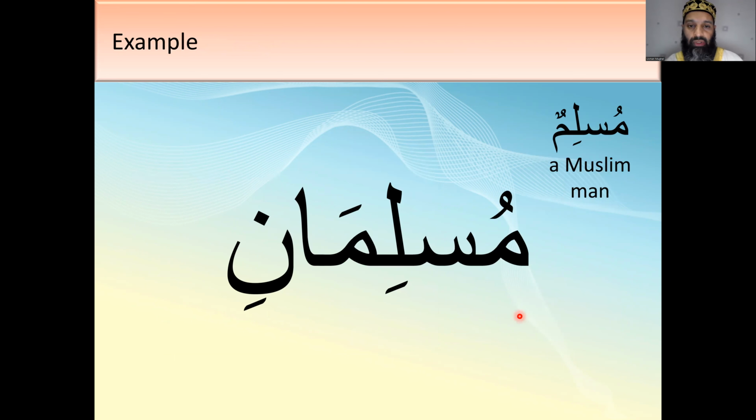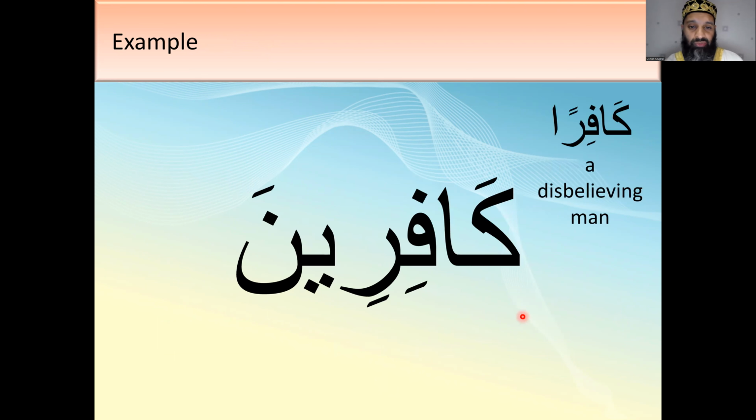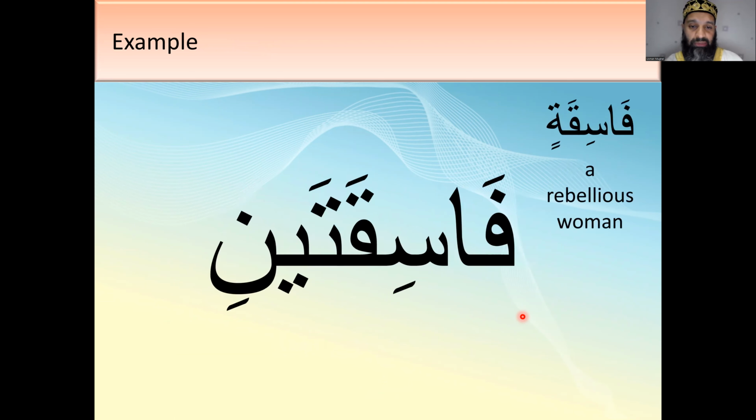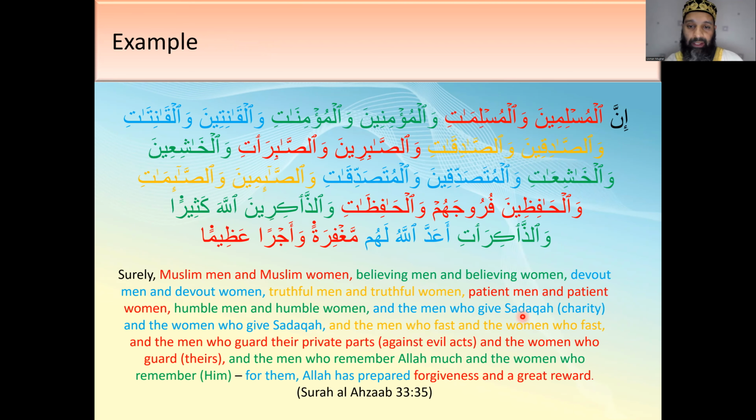And then we just did examples too. I'm just going to go through these quickly because we've done all these examples. This was a verse: innal Muslimina. Ina ending, okay, it's plural, Muslims.